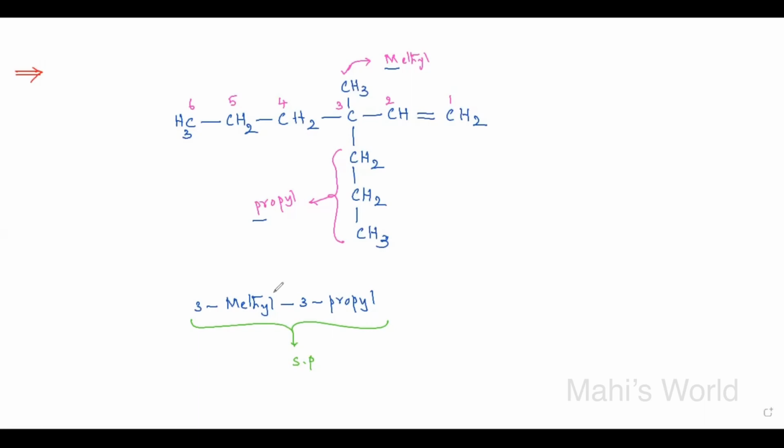No primary prefix because it is not a cyclic one. Let me straight away go for the root word. Yes, it has 6 carbon atoms. The root word is hex. Interesting. Coming to the primary suffix, now the very interesting one. You got a double bond after the first carbon, so that has been indicated here.